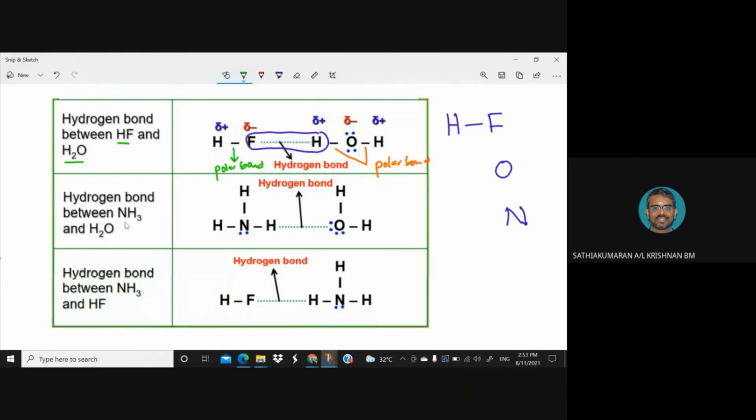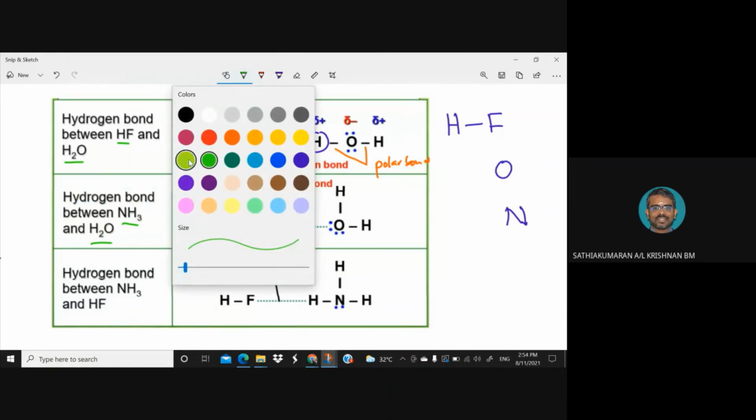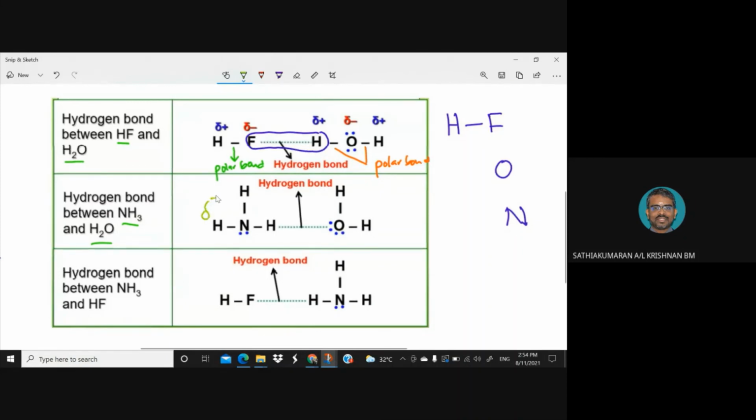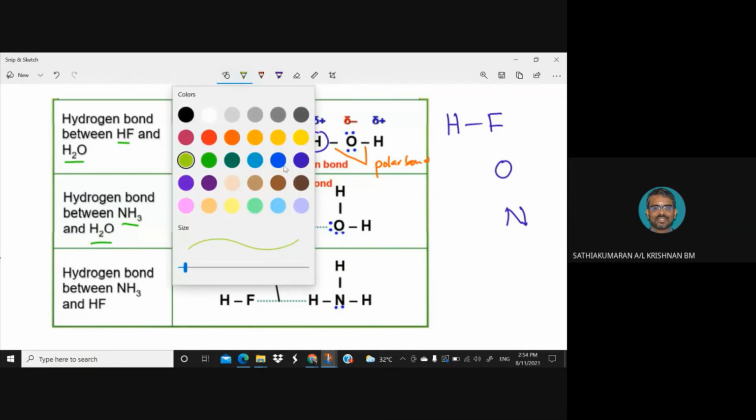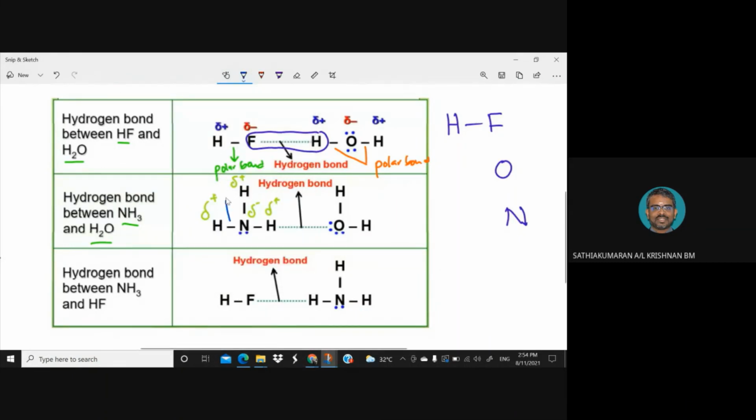Hydrogen bond between ammonia and water. This is ammonia. Where is the dipole? Here will be dipole positive, dipole negative, dipole positive, dipole positive. Is this bond a polar bond? Yes.